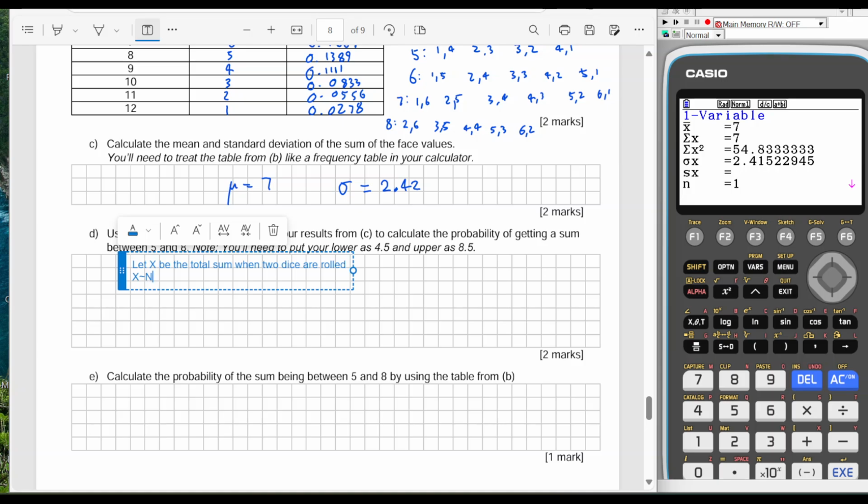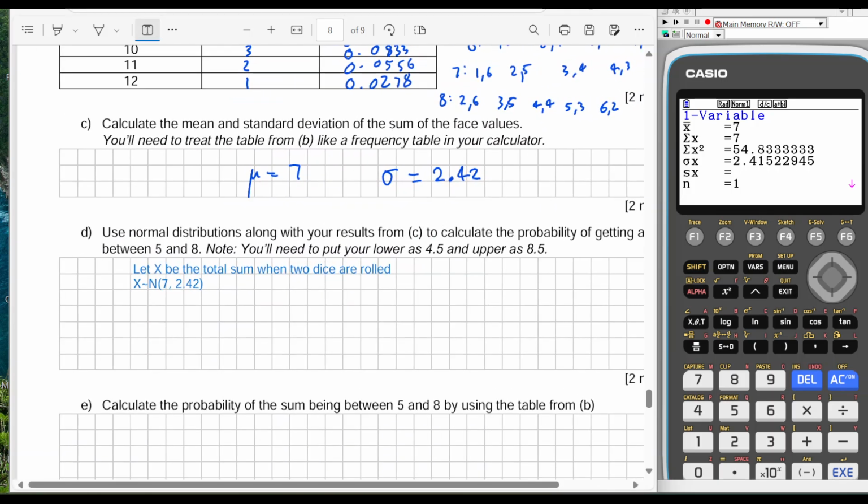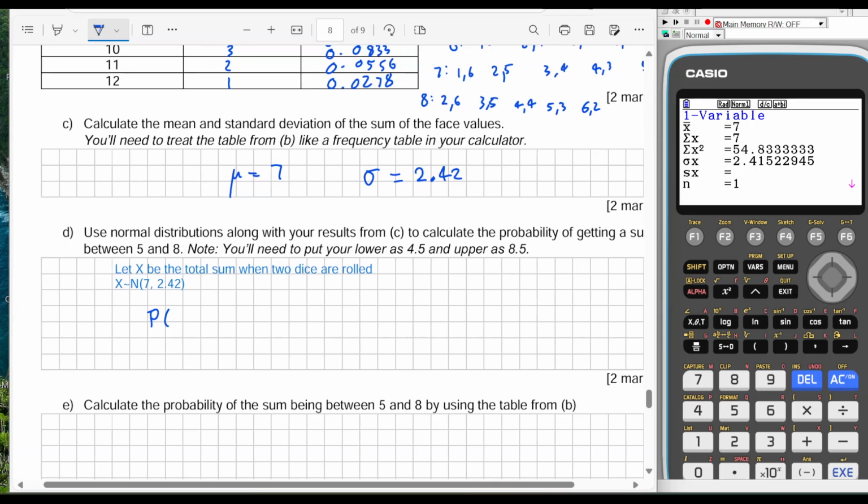X is distributed normally, 7 and 2.42. We've got a mean and a standard deviation. So the probability that we're between 5 and 8, so we want 4.5 and 8.5. The reason you put the extra 0.5 is just because of rounding.